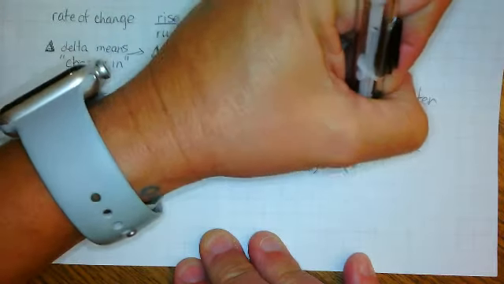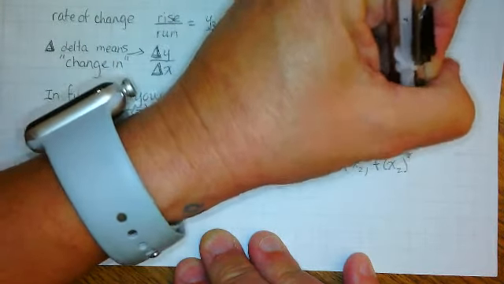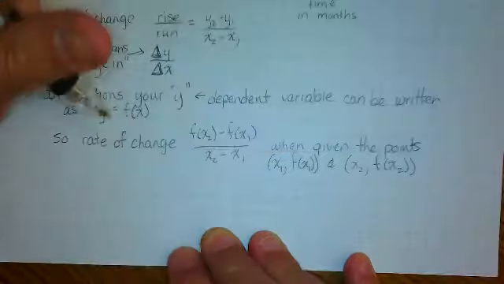That'll happen a lot. I forget to write a second parenthesis. And x2, f of x2.